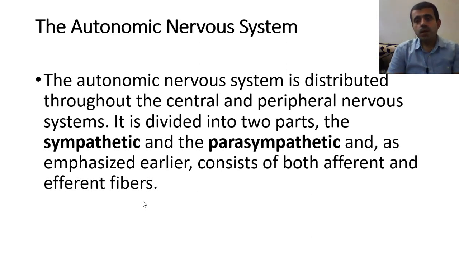As we said, in the somatic peripheral nerve fibers, we have afferent fibers that bring sensation from the skin or from joints to the central nervous system, and efferent nerve fibers that convey the stimuli from the central nervous system, from the brain, to the muscles of the upper limbs, lower limbs and the whole body.